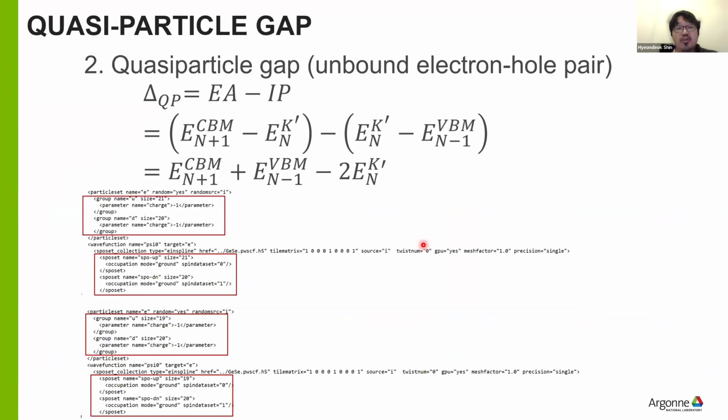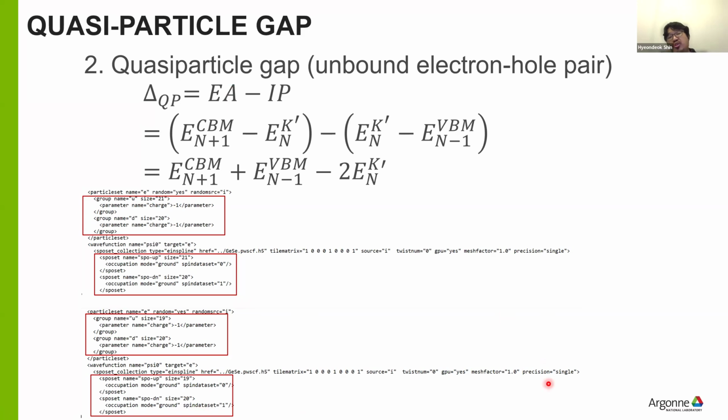So next is the quasi-particle gap. How to calculate the quasi-particle gap? The quasi-particle gap calculation is simpler. We just need to calculate the ionization potential and electron affinity by adding electrons in the QMCPACK input and removing electrons in the QMCPACK input.